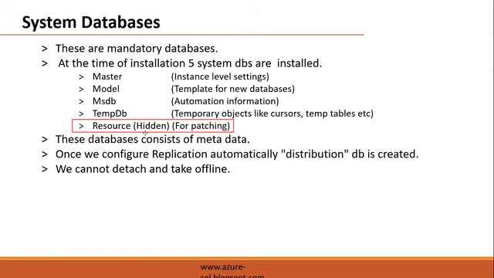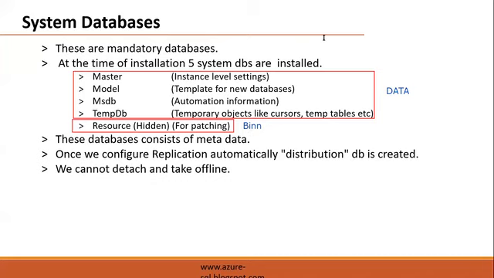It was introduced in the 2005 version, and it is for patching purposes. Remember, all these database files are there in the data folder of the respective instance, but the resource database files are there in the bin folder, the binaries folder.